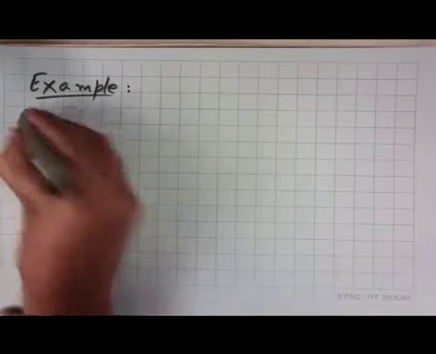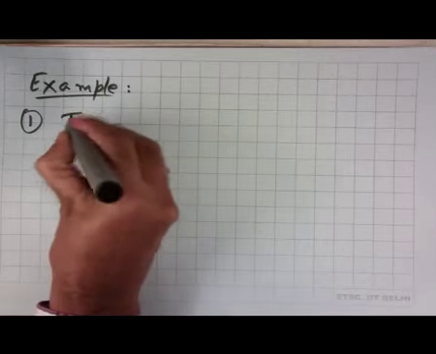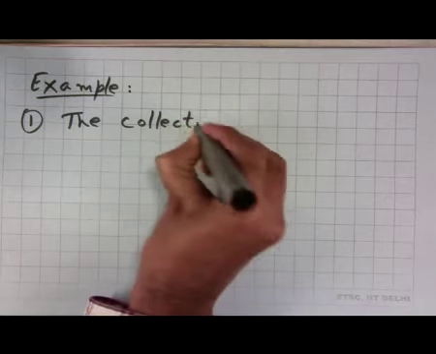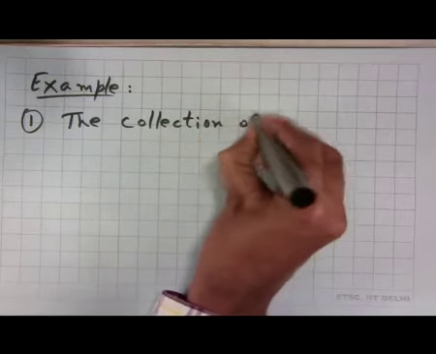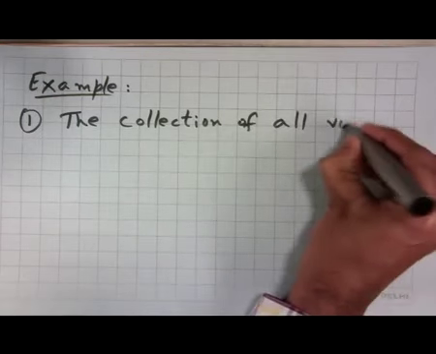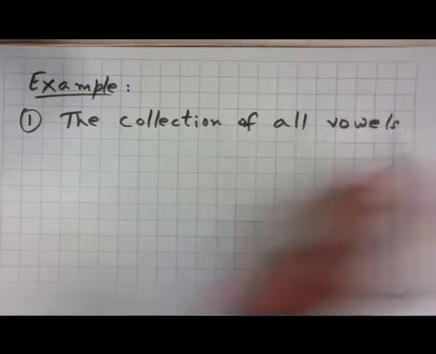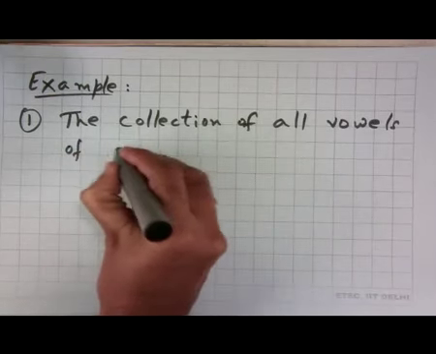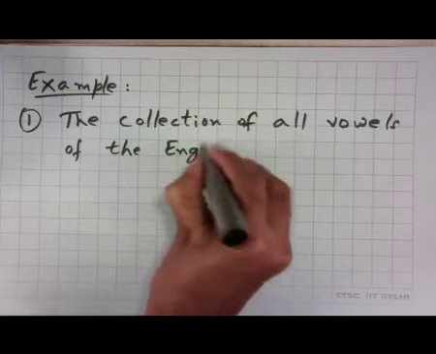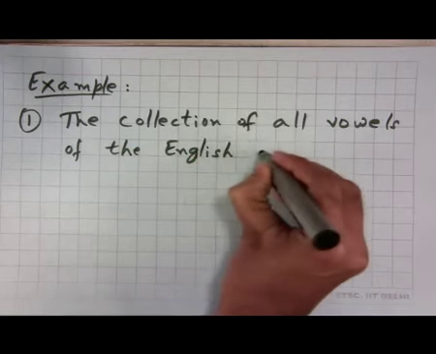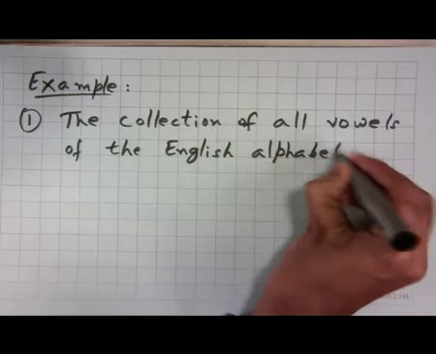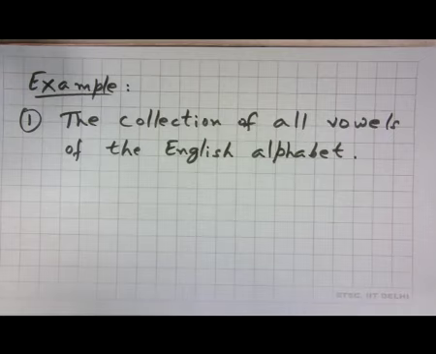One, the collection of all vowels of the English alphabet. What is this collection?